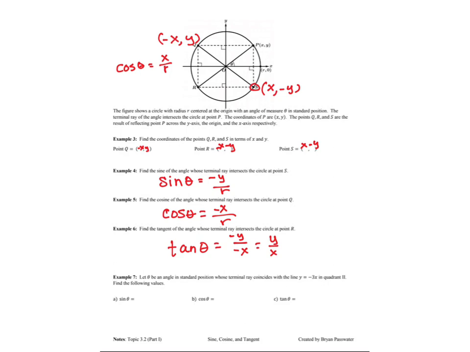Tangent's always positive in 1 and 3, because it's a ratio of y over x. A positive divided by a positive is positive. And in quadrant 3, I'm dealing with a negative divided by a negative, which is also positive. Questions on that? Are we remembering? Is it coming back to you?